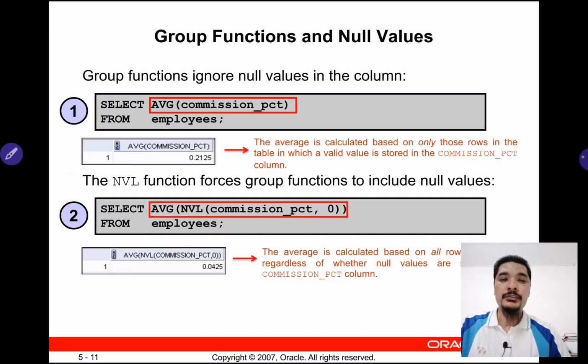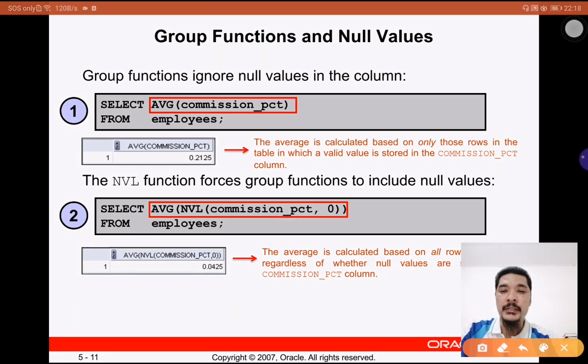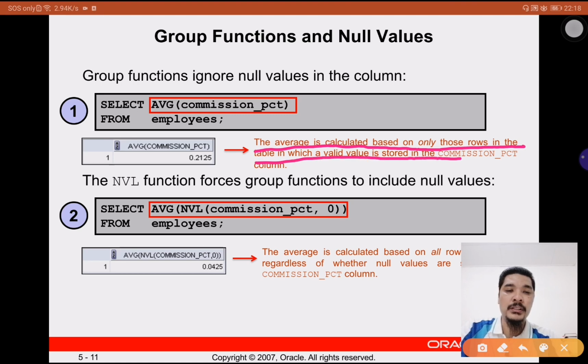Okay, group functions and null values. Group functions ignore null values in the column. So if let's say we write SELECT AVG(commission_pct) FROM employees, the average is calculated based only on rows in the table in which a valid value is stored in the commission_pct column. So in this case, group functions still ignore null values.